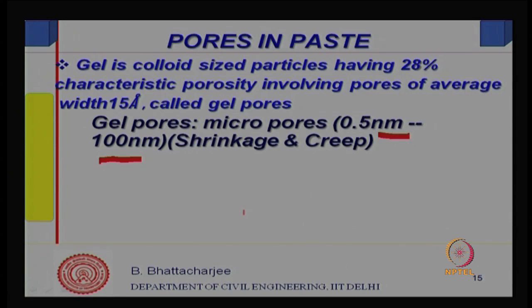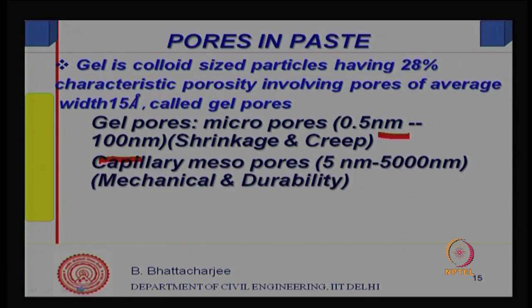These are generally considered to be responsible for shrinkage and creep. Capillary pores are slightly larger, called mesopores, and the size would be 5 nanometer to 5000 nanometer. They are responsible for mechanical strength, that means load carrying capacity, and durability of the cement paste and then concrete.